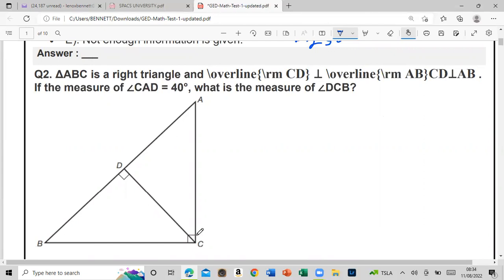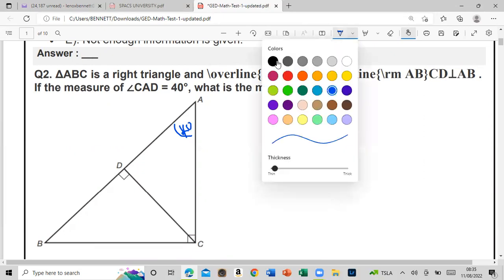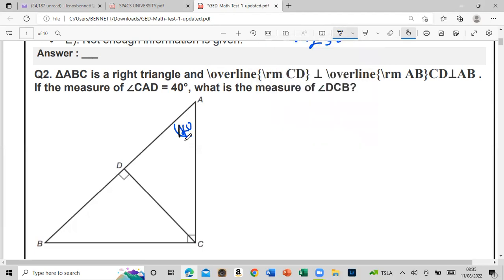CAD is 40 degrees, so let's put that in. Let's see what they ask us to find. What is the measure of DCB? So this is this angle right here. We want to find this angle. So let us investigate how we can find that.